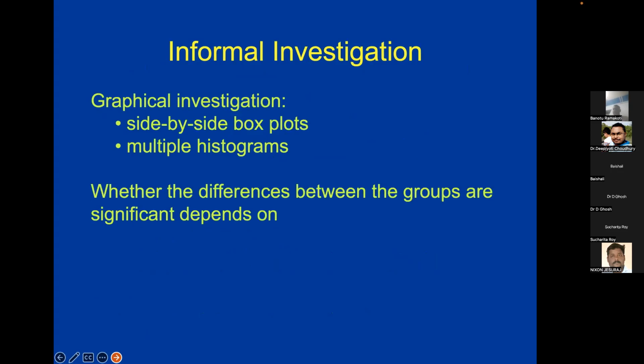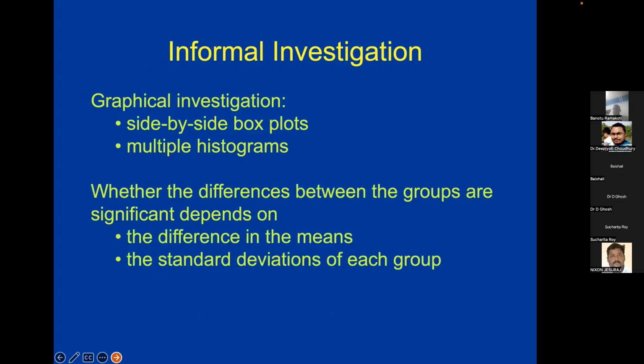Whether the difference between the groups is significant depends on the difference in the means and the standard deviations of each group.